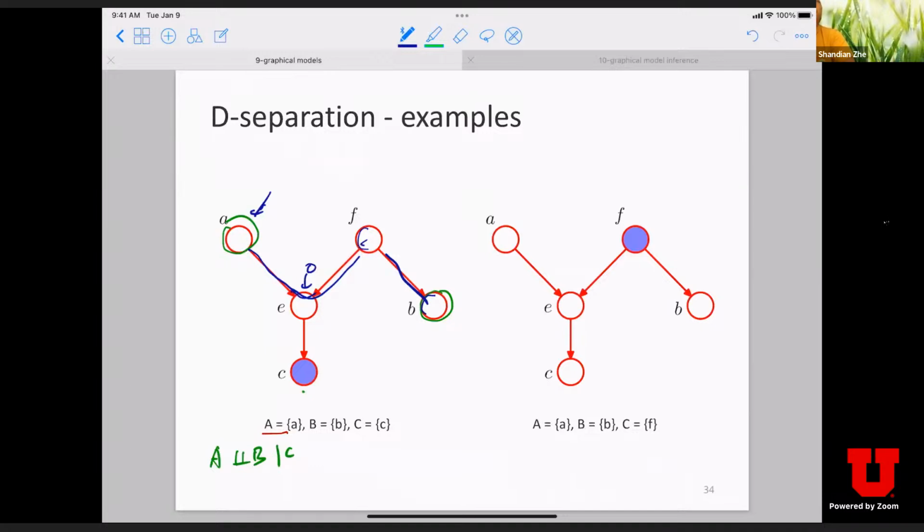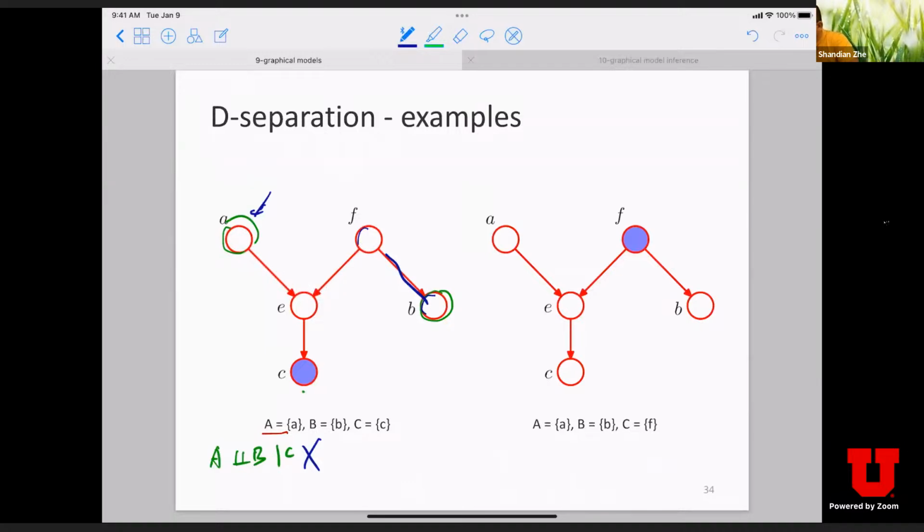What does it mean? It means it is not conditionally independent, right? Does it make sense? Just be careful of the tail to tail case and the head to head case.